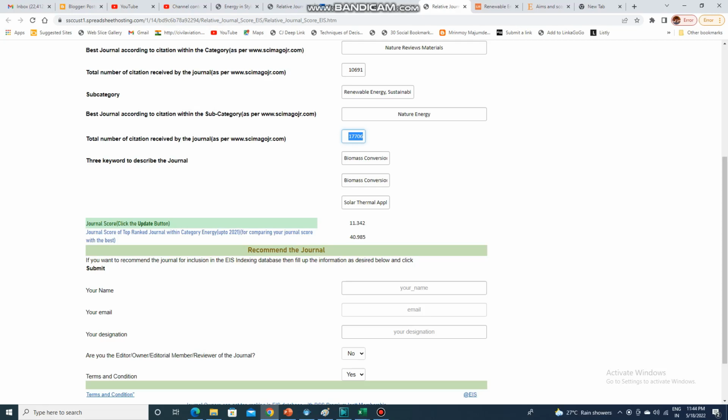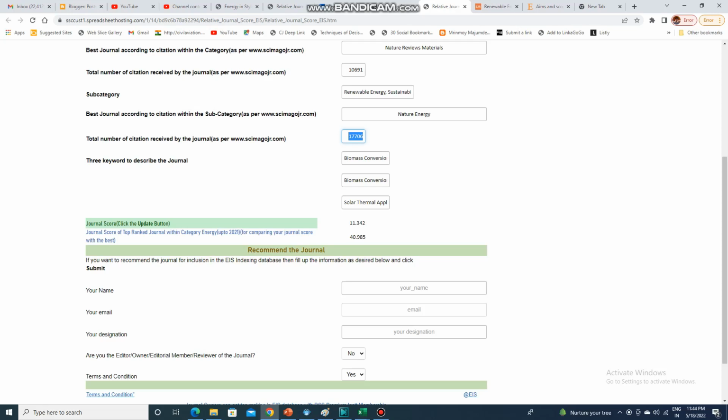Once it does that, and also it considers the subcategory, it divides the total number of citations received by the journal you are evaluating by the base journal of the subcategory, and for the base journal of the category and base journal of the subcategory, both these ratios have two different weightages. Maximum weightage was given to the base journal ratio of the category, and next weightage is given to the base journal of the subcategory.